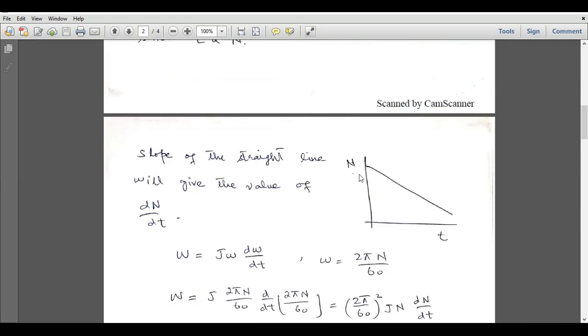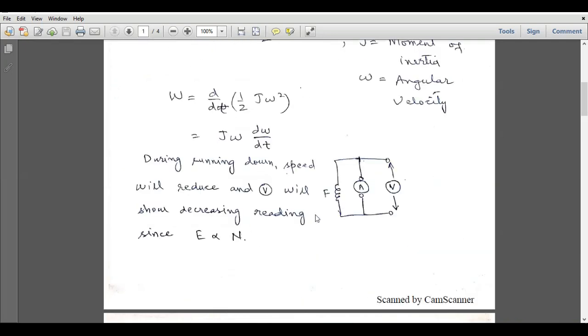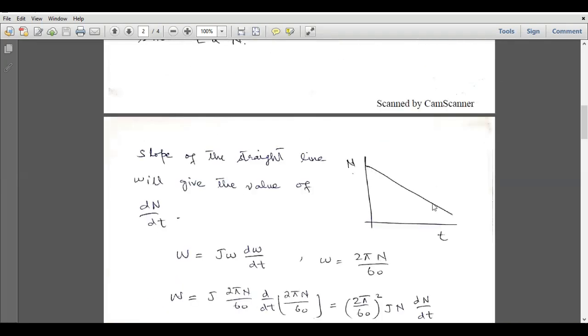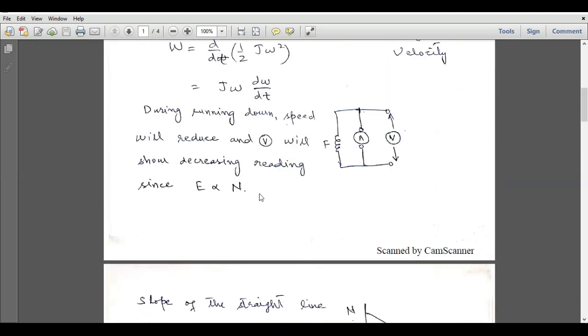So if we are unable to measure the speed of the armature during this running down, or if we don't have the instrument for measuring the speed, we can still estimate this speed, because we know that in generators the induced EMF is directly proportional to the speed. So as this speed is decreasing, the induced EMF of the generator is also decreasing, and that induced EMF can be easily measured by this voltmeter.